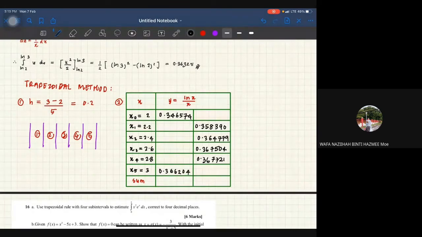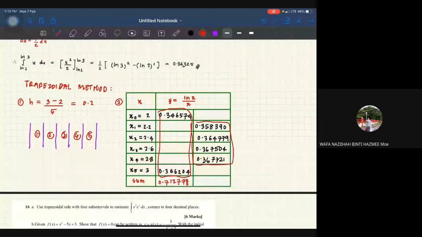0.36620 for settle. Okay, so what we do from now is you need to add this one, tambahkan, so awak akan dapat 0.712778 and then you add all this, you get 1.45839.